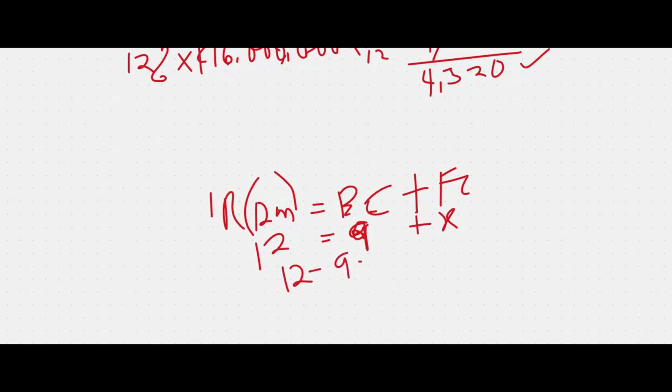So the 12% for the whole year is the total interest. The 4321 is the total interest for the year, for the whole 12 months.